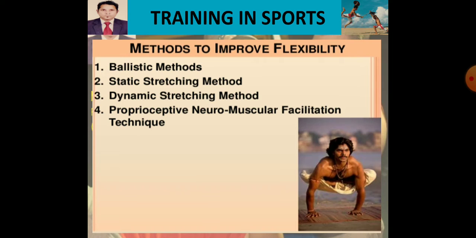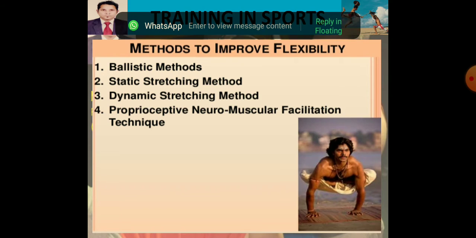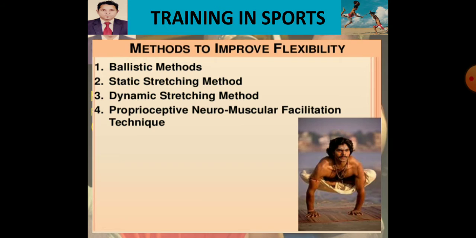So the ballistic method involves bouncing and rapid movement done in a repetitive manner, in which we need to stress the joints and muscles beyond their regular range of motion. The aim is to improve body flexibility. It is not advised for amateurs and those who are new to stretching.